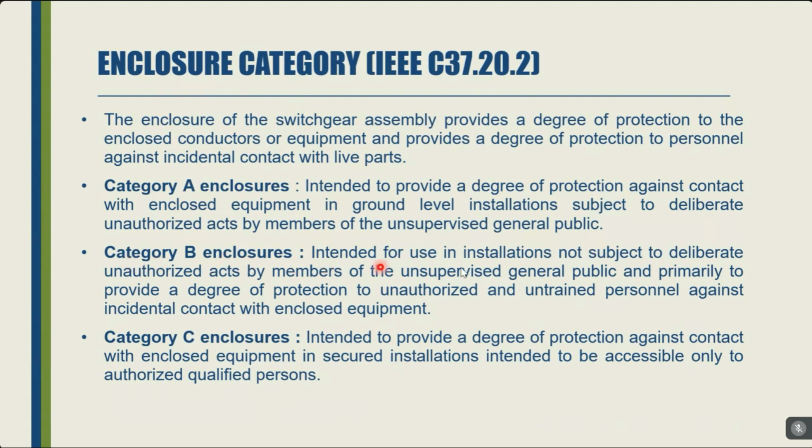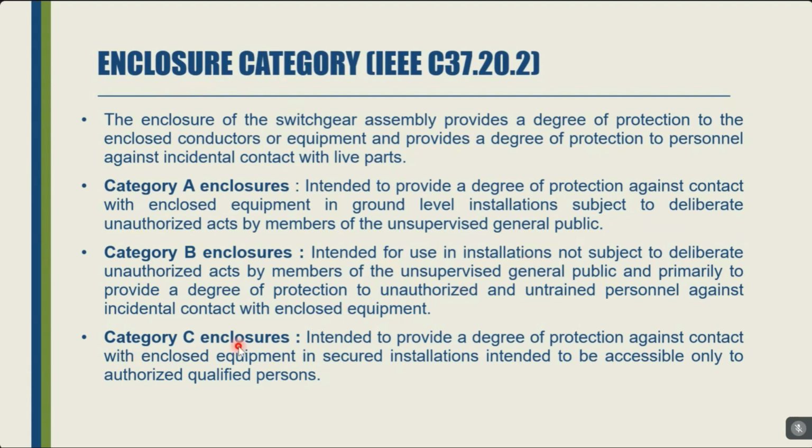Category B is intended for use in installations not subject to deliberate unauthorized acts by members of the unsupervised general public. So the general public cannot access those; they can only be accessed by properly authorized personnel.